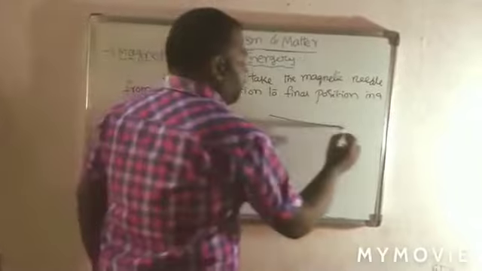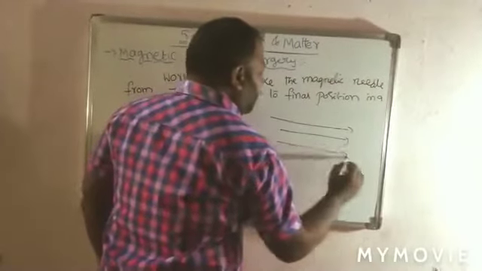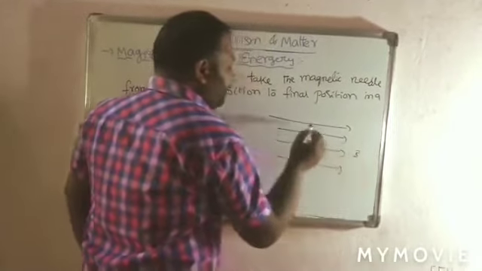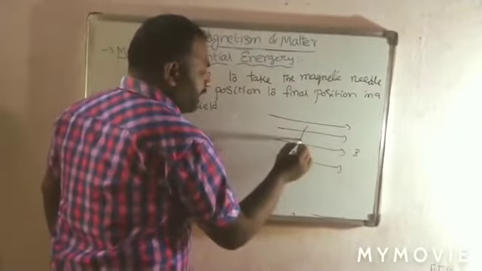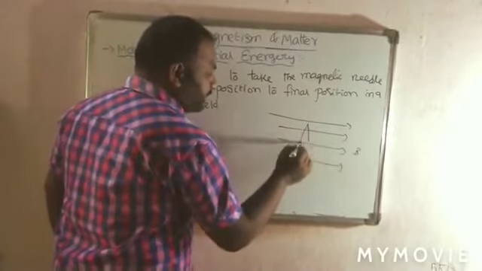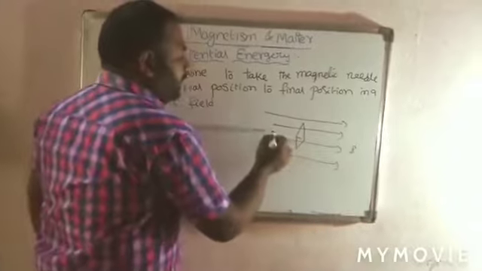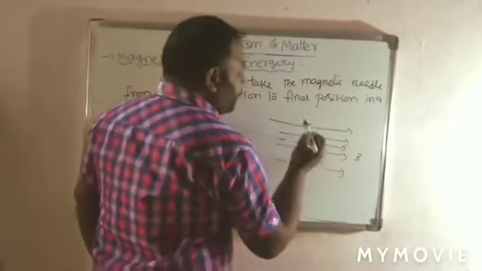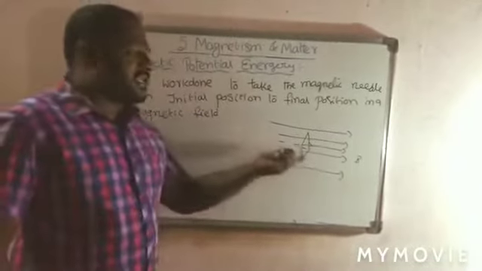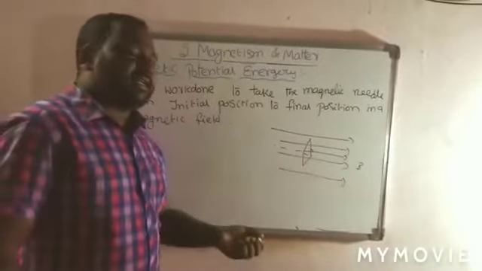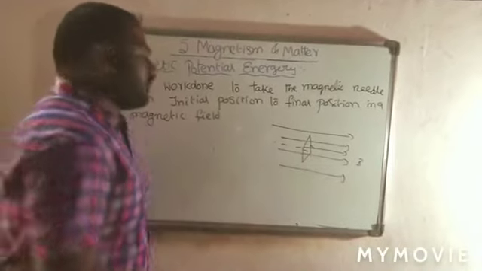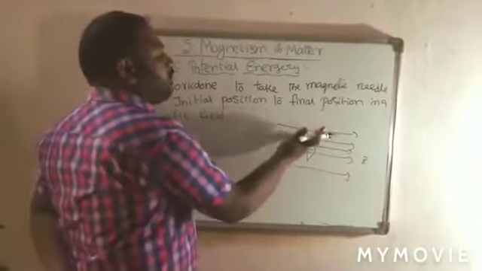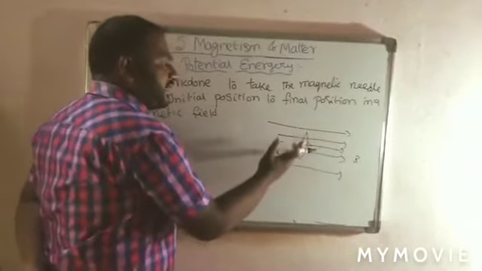For example, here it is the magnetic field. In this magnetic field, we place a compass needle. Whenever we place a compass needle, a torque acts on it. Due to that torque, the compass needle is moving. Here we are doing certain work.